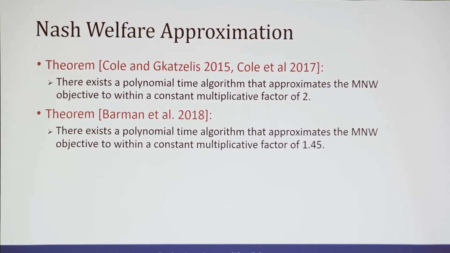Then there was some follow-up work, a Barman et al. paper, which showed that there exists a polynomial time algorithm that gets you a constant factor of 1.45. This is actually almost the same algorithm as the one that gives us EF1 plus PO in pseudo polynomial time. You can actually just stop it a little early and it runs in polynomial time and still gives you this nice factor.